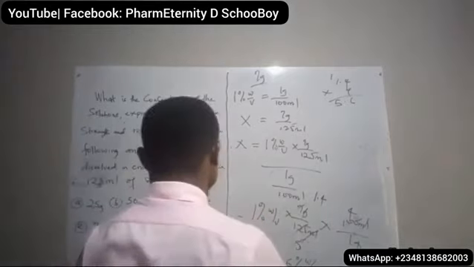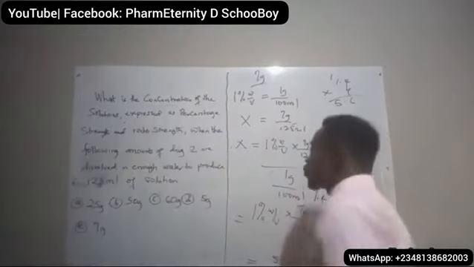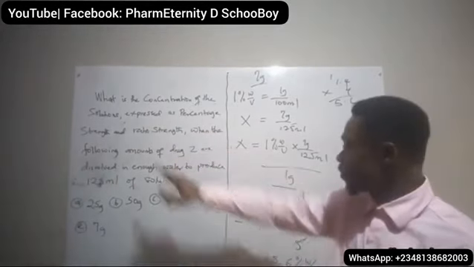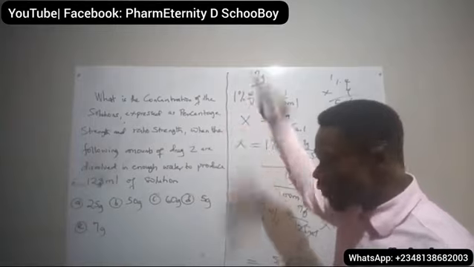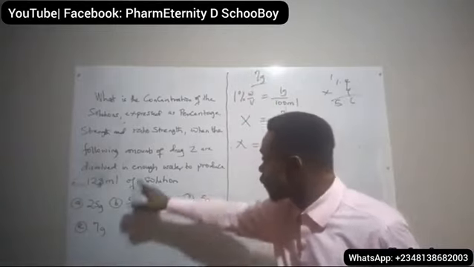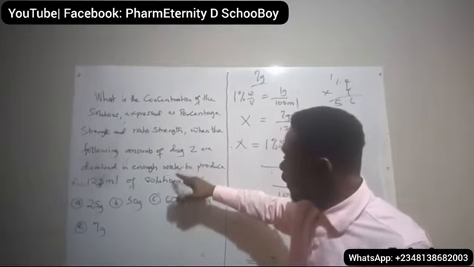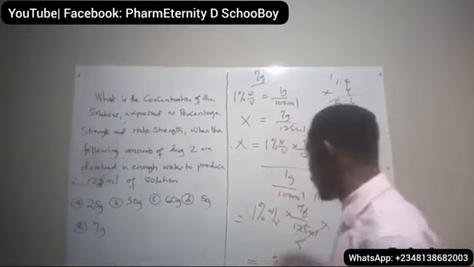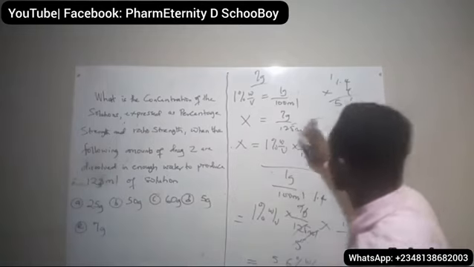Volume. So we just calculated the percentage strength of the solution that will be formed or produced when 7 gram of drug Z is dissolved in enough water to produce 125 ml of solution. So let's continue.